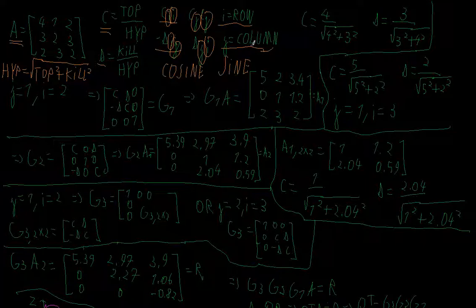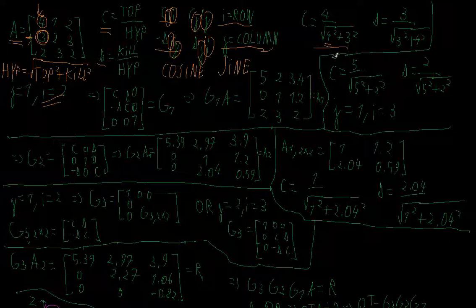So I will first want to kill this element here, this 3. So J is equal to 1 because we are in the first column, and I is equal to 2 because this is the second row. And so my cosine is the top element over the hypotenuse. My top element of this column vector is 4. And the hypotenuse, as I said, is the square root of this top element squared, so 4 squared, plus the element you want to kill squared, so this 3 squared.